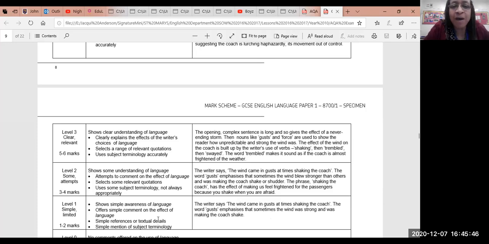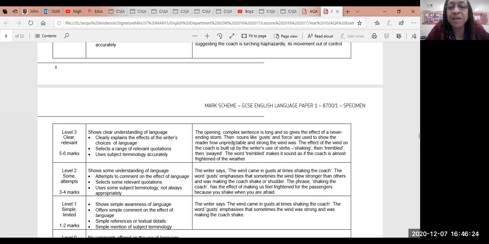So if you look at the level 2, the level 2 answer gives you more information. The wind came and it blew, but it also shook the coach, making the passengers feel frightened. Or if you look here, the answer is including embedded quotes. So it's not just a case of copying a chunk of words from the text, but using the individual words and phrases that the writer has used to explain what is going on.